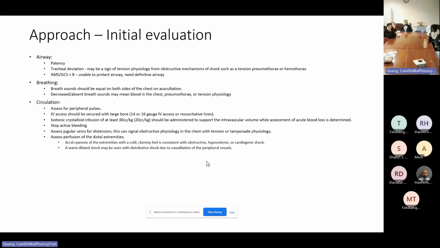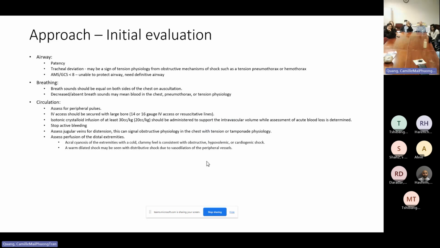So once you have established access, then you're going to resuscitate your patient. In our sick patient on the floor, they're not bleeding, so we're going to give them fluid. Last time we met, I heard 2 different answers for how much you give as your initial volume. And it's funny because in the 2 different ACS documents, the electrolyte and fluid document versus the shock document, they gave 2 different volumes.